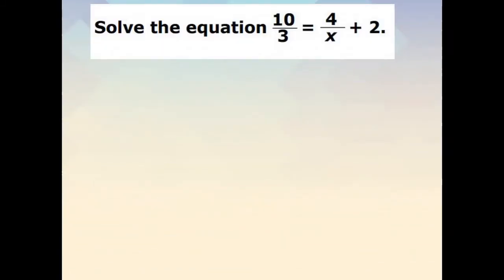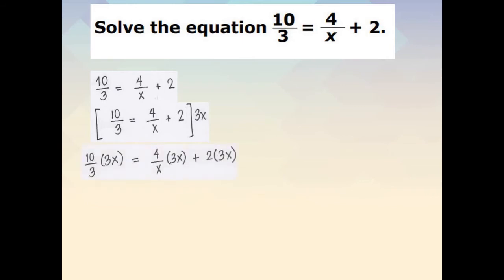Let us now solve the equation 10 over 3 is equal to 4 over x plus 2. Let us now multiply 3x to both sides of the equation since it is the LCD. So 10 over 3 multiplied by 3x is equal to 4 over x multiplied by 3x plus 2 times 3x.